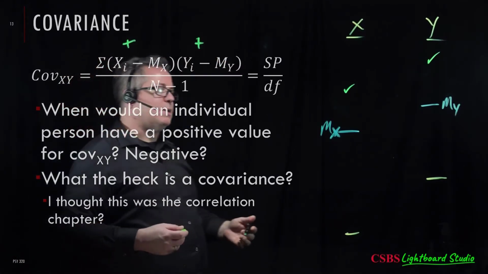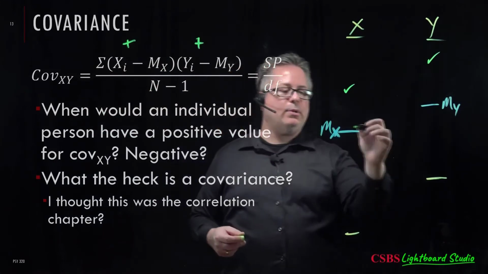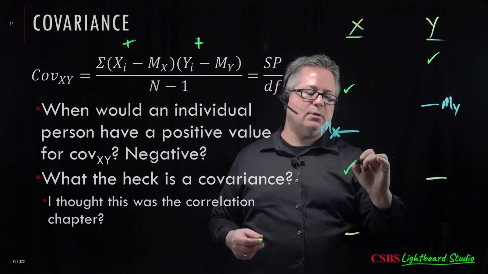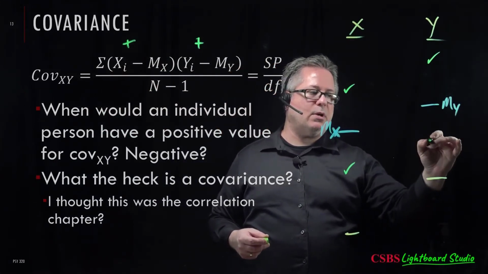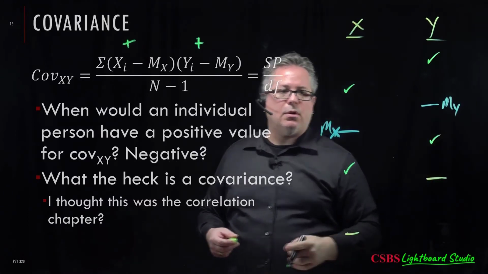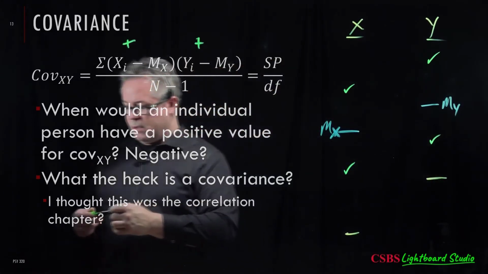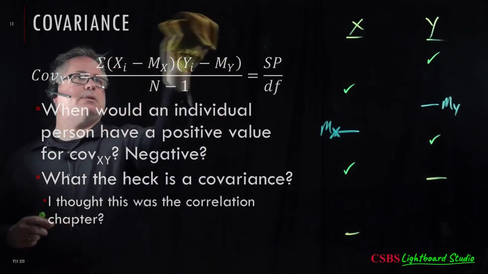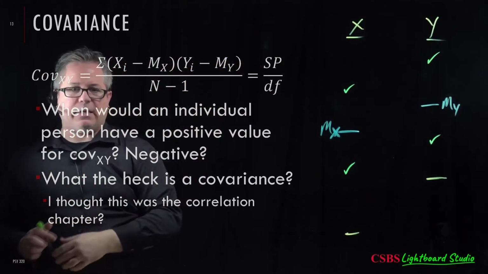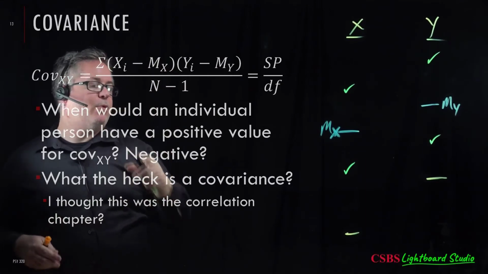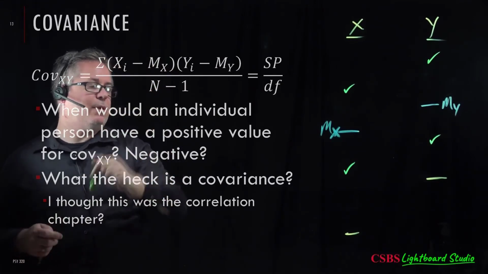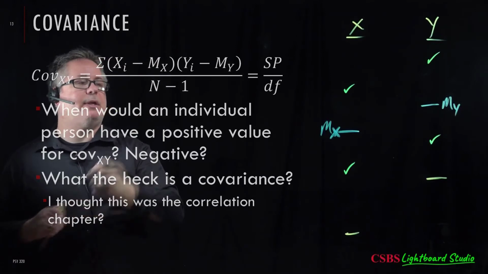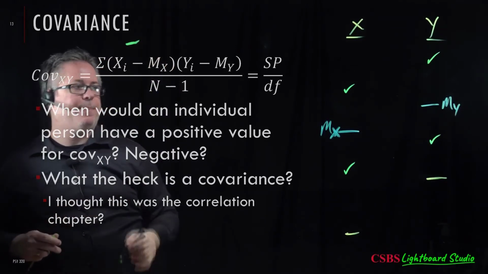It also makes sense that if I'm below the mean on x and below the mean on y, I'm going to also contribute a positive product, because if I am below the mean on x here, I take my score minus the mean, I'm going to get a negative number.